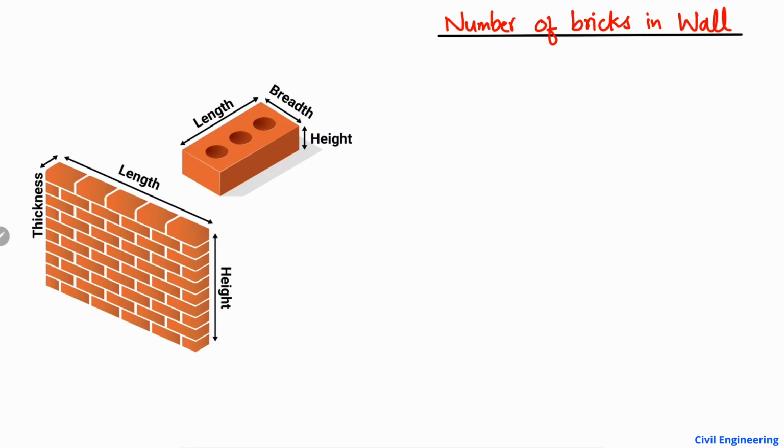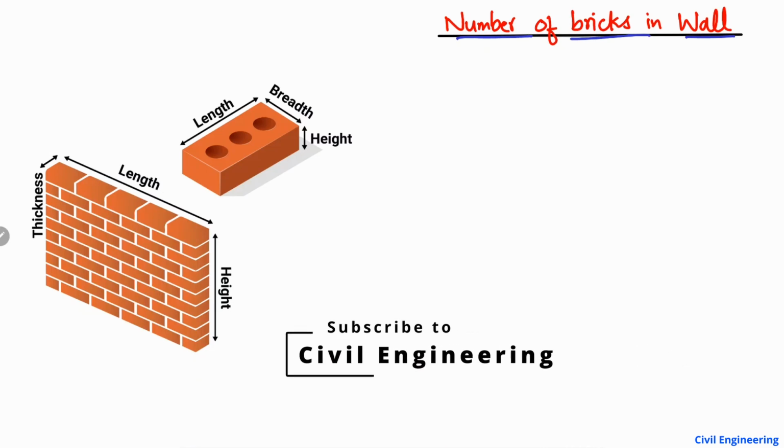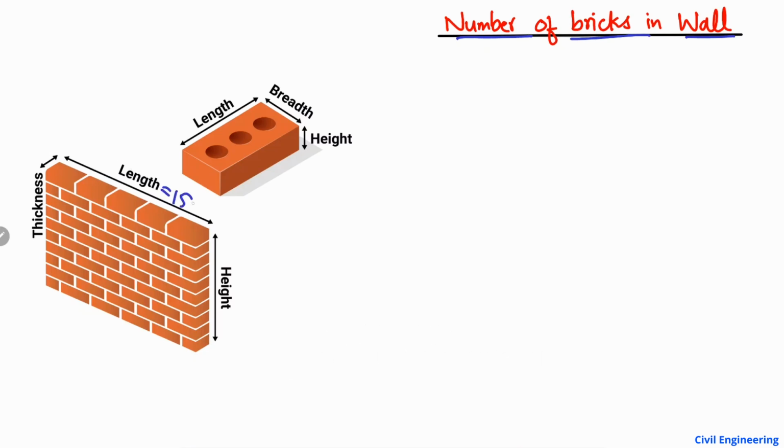In today's lecture, we are going to find out the number of bricks in a wall. Here on the left side, there is a wall, and we are going to find the number of bricks in it. We will take an example where the length of the wall is 15 meter, the height of the wall is 4 meter, and the thickness of the wall is 0.20 meter.